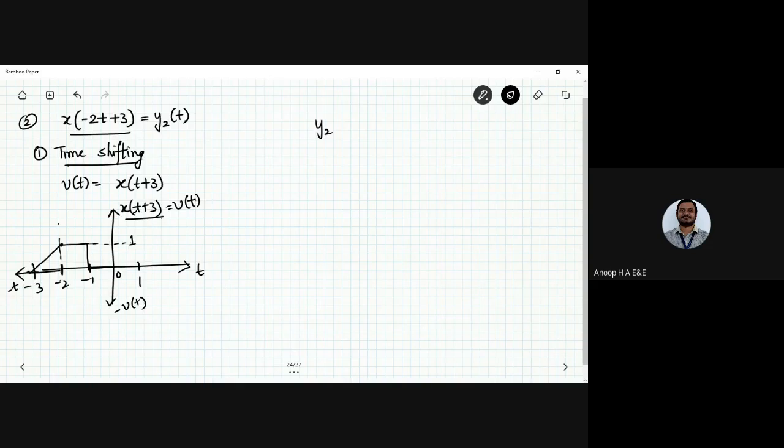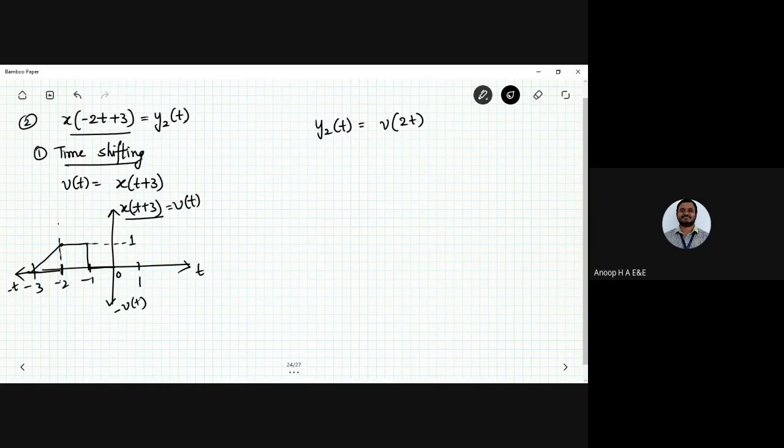Now I need to do the time scaling. Y2 of t is v of 2t. So what do I need to do now? I need to have the function minus 2t, that is x of minus 2t plus 3. Let me do it for v of 2t first, and then take the inverted signal of it.